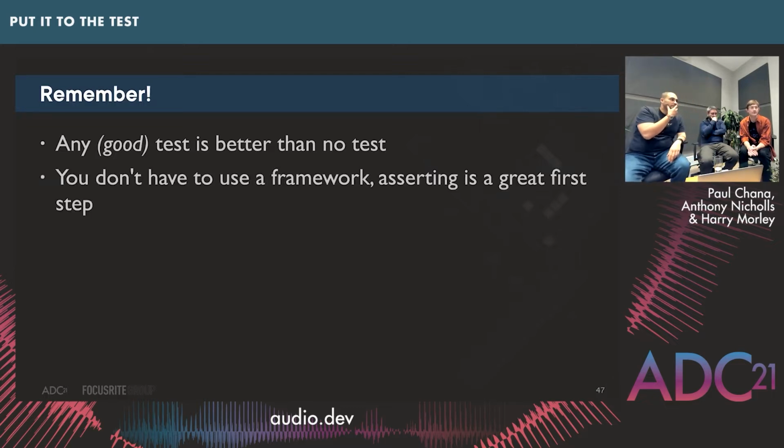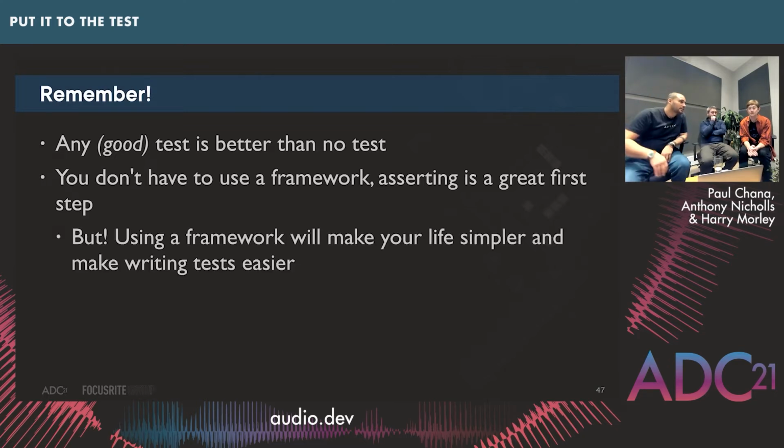The other thing to remember is that you don't actually have to use any kind of framework. There's lots of frameworks out there. You can just use the assert, or even just a print line is fine for the first step. The main thing is, if you use a framework, it will make your life easier and simpler.